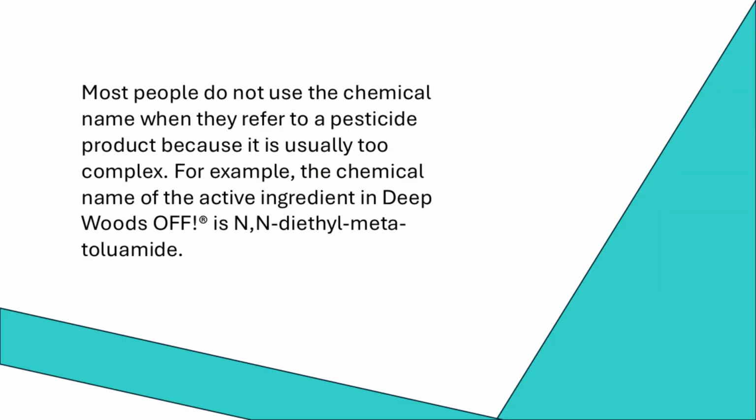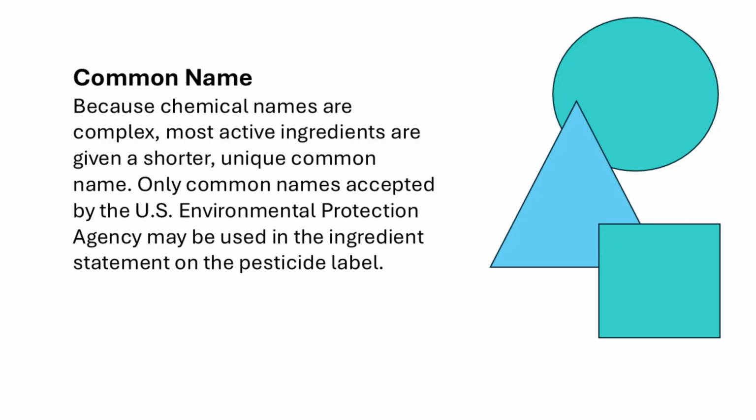Most people do not use the chemical name when they refer to a pesticide product because it is usually too complex. For example, the chemical name of the active ingredient in Deepwoods Off is N-diethyl metatolamide.